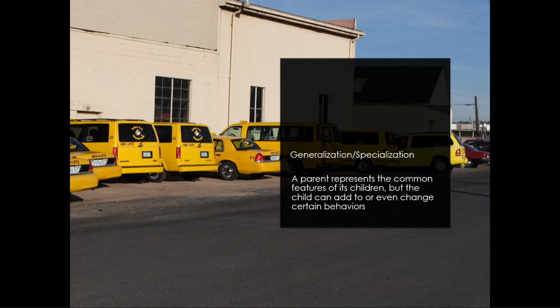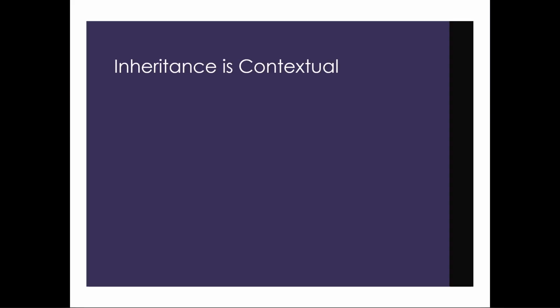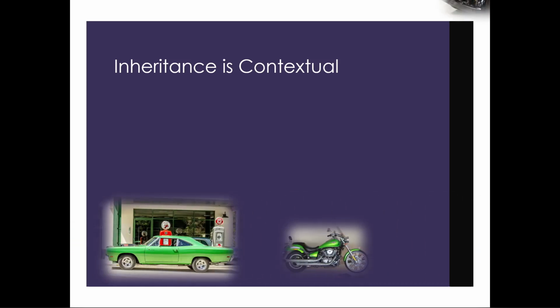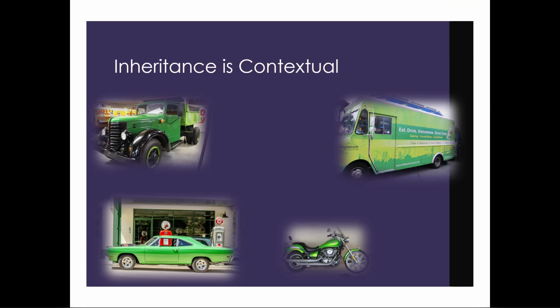The important thing about modeling, and this is a theme through all of our talks here, is inheritance is always contextual. We can't define a universal model where something is always a child of something else. So for example, we have all these different vehicles that are going on here. The important thing is that they all have the same qualities and not just simply different values.